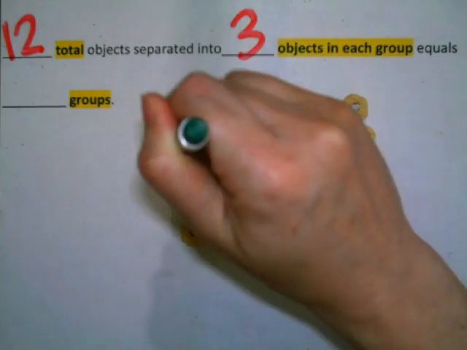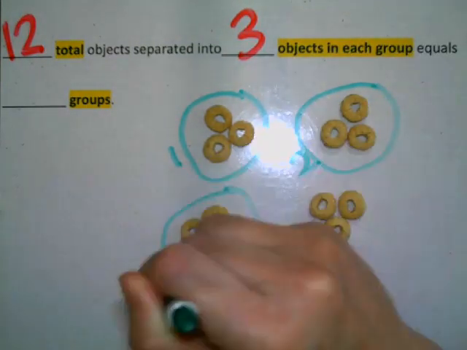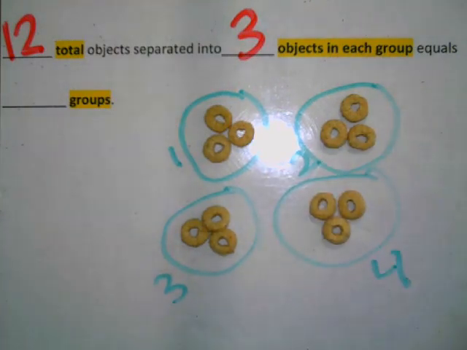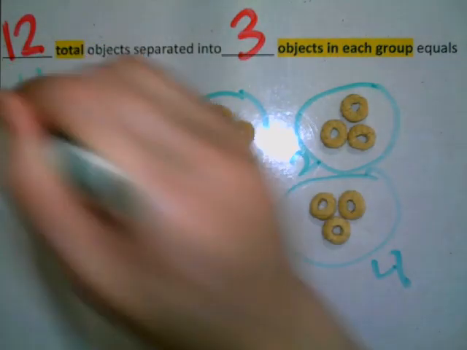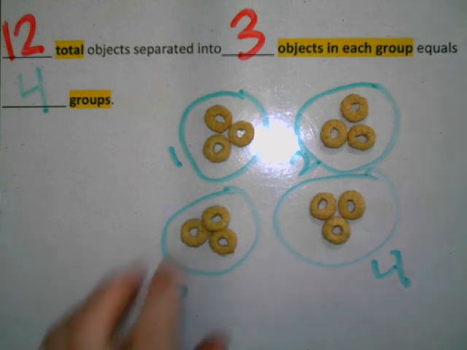That made 1, 2, 3, 4 groups. Did you get 4? I bet you did. Good job. Let's clear our boards and solve one more.